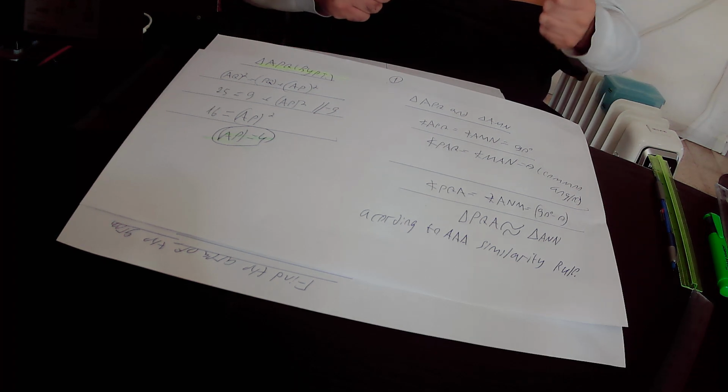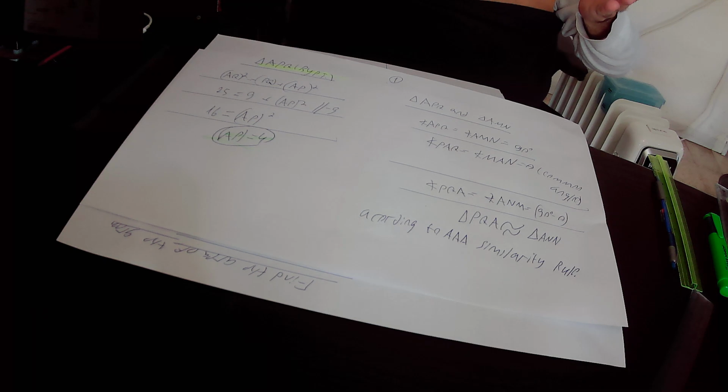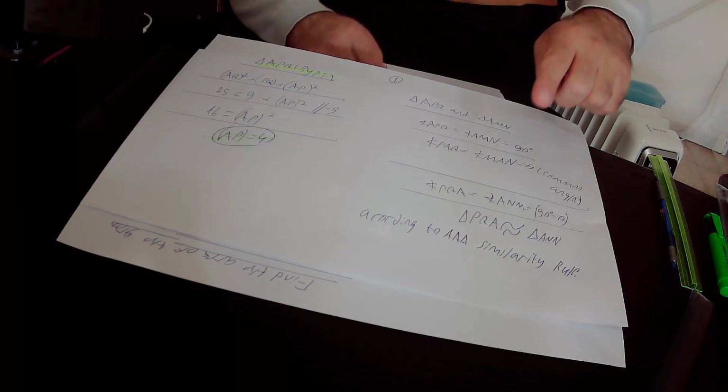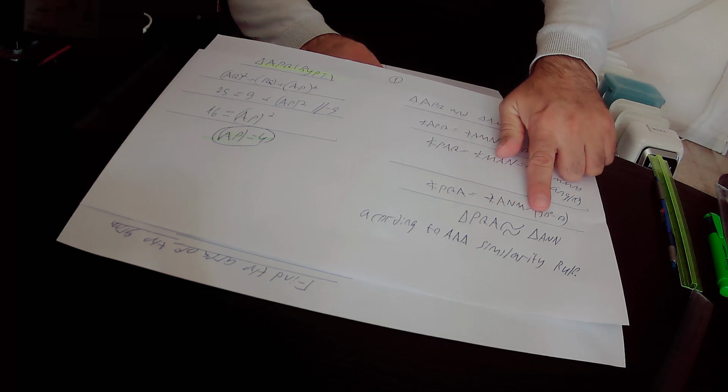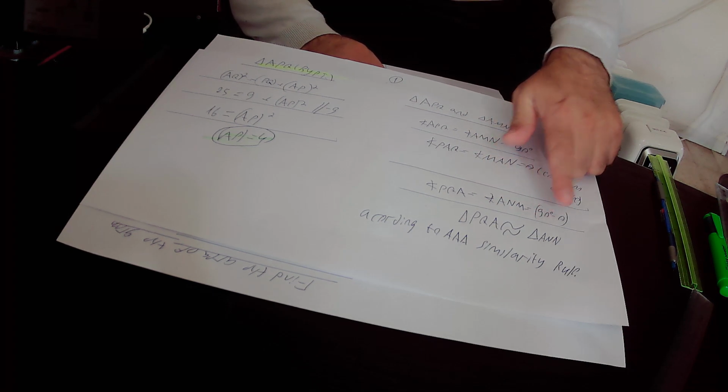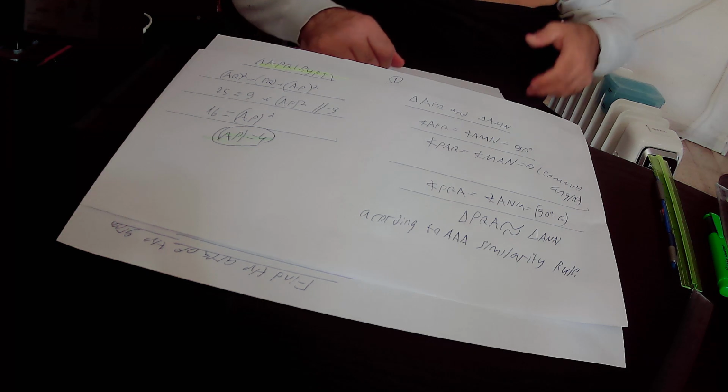So we actually proved that all three angles in the big triangle are correspondingly equal to all three angles in the small triangle. Therefore, the two right triangles are similar to each other according to the angle similarity rule. The big triangle PQA is similar to the small triangle ANM according to the angle similarity rule.